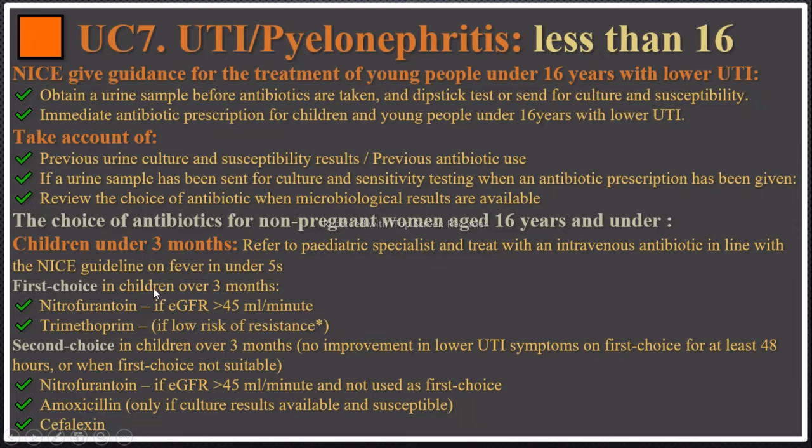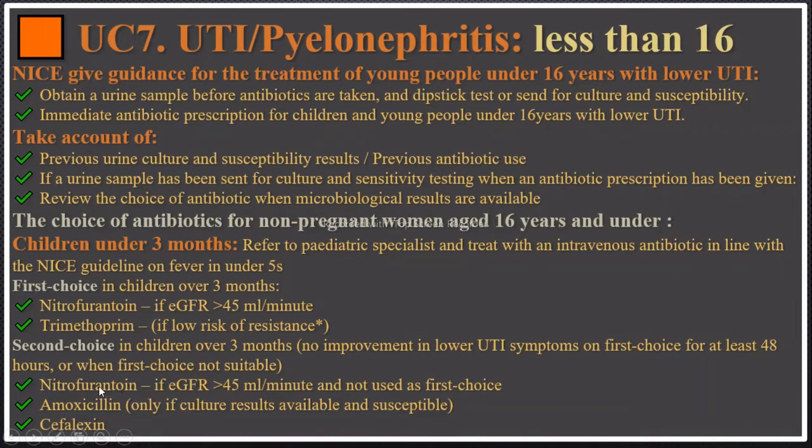So first choice in children over 3 months, and second choice in children over 3 months. Nitrofurantoin, if they mention eGFR in the scenario more than 45 ml per minute, or trimethoprim if low risk of resistance. Second line in children over 3 months means no improvement in lower UTI symptoms on first choice for at least 48 hours, or when first choice not suitable.